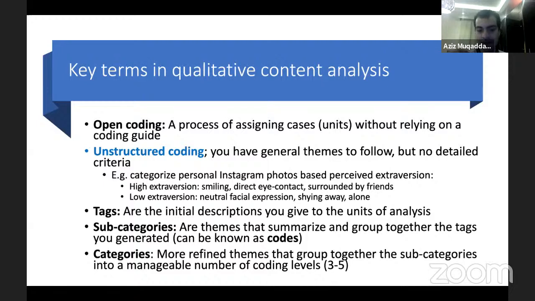Tags are just initial descriptives you give to the text or pictures you see. You see one picture and then you come up with different adjectives: it's informative, it's funny, it's dark, it's colorful. And then you summarize the tags into subcategories.